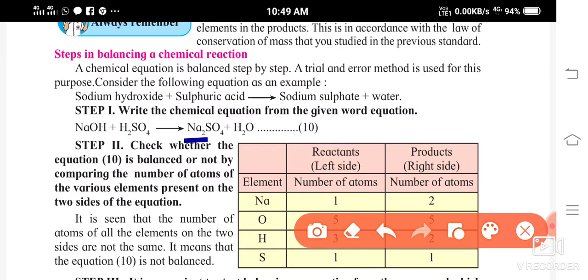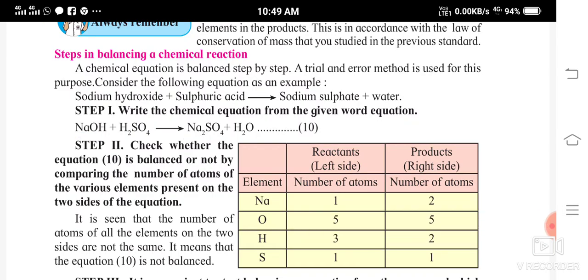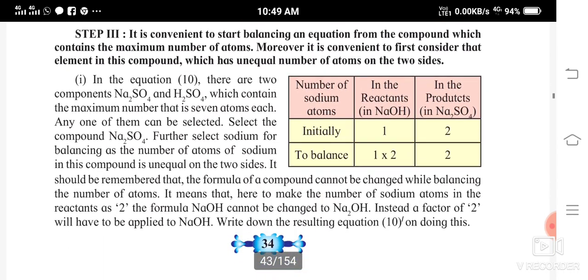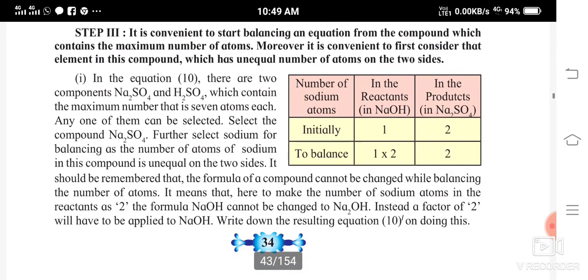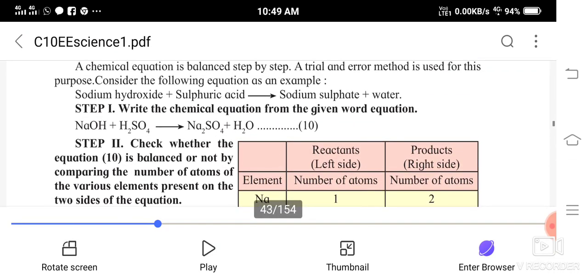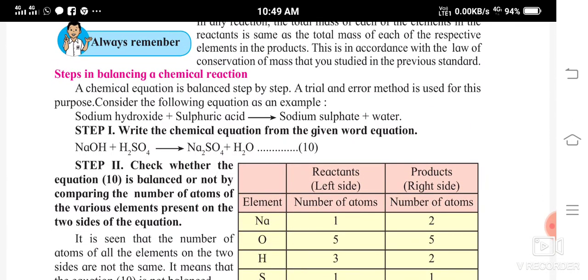Now you know on the right hand side there are 2 atoms of sodium, and on the left hand side there is 1 atom of sodium. So you can see in the reactant 1 atom of sodium, in the product 2 atoms of sodium. So what are you going to do to balance this?